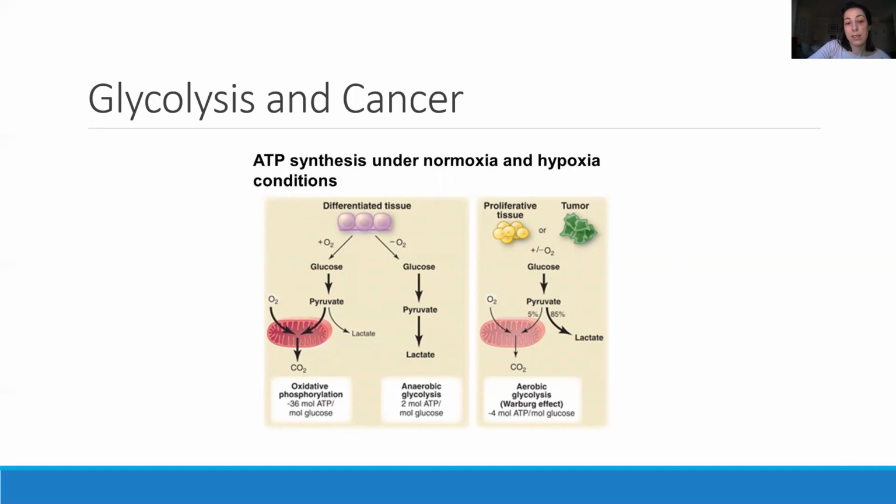Normal differentiated tissues, right? We can go through the process of breaking down glucose through 2 main pathways. And we've already talked about this. We can do glucose into pyruvate. This is glycolysis. And then that pyruvate can go down aerobic conditions to make lots of energy, or it can go down anaerobic conditions to make lactate for a smaller amount of energy, but faster.